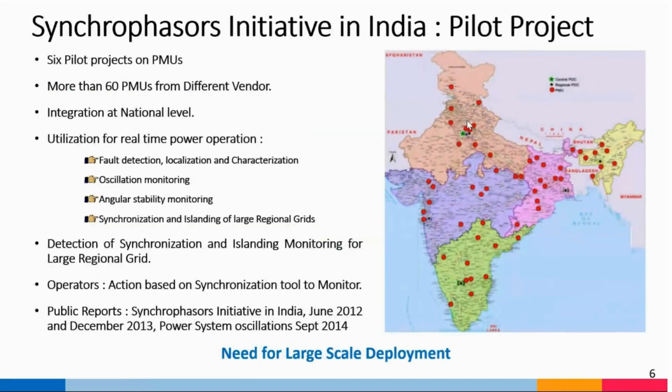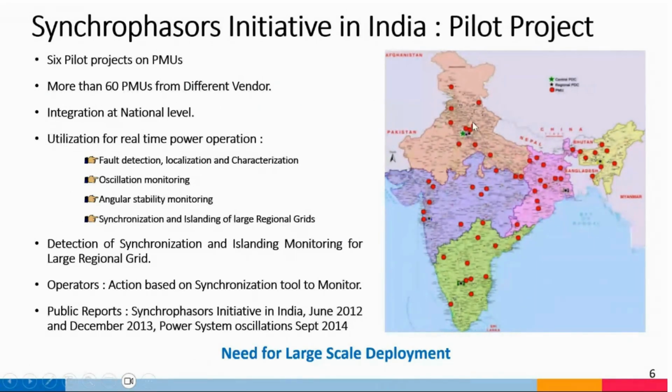So how has this initiative taken place in India? Synchrophasors were adopted in India in 2010, and we started with a single pilot project in the northern part. Then each region took up a pilot project, and these pilot projects got integrated at the central NLDC level, with 60 PMUs from different vendors integrated at the national level.